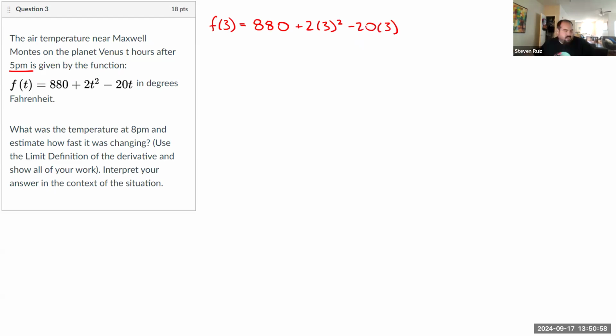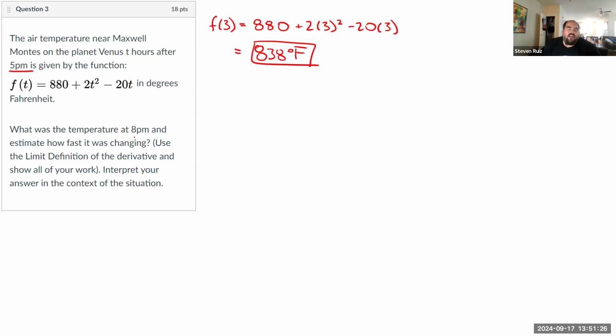For some reason, I didn't write this down, so let me calculate this real quick. 880 plus 18 minus 60. So we get 838 degrees Fahrenheit. So at this point in time, the temperature at this location is 838 degrees Fahrenheit.